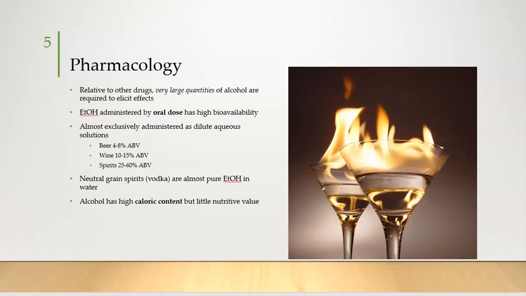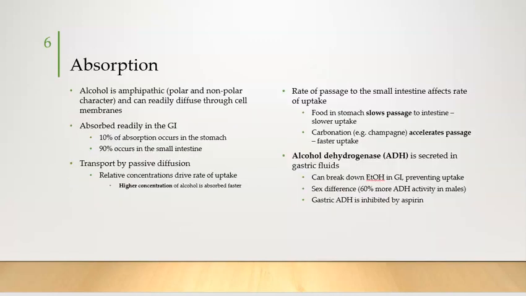So 1% ABV means that there's 1 ml of pure alcohol in 100 ml of solution. So you can then calculate how much of each thing you'll need to drink to get so much alcohol.